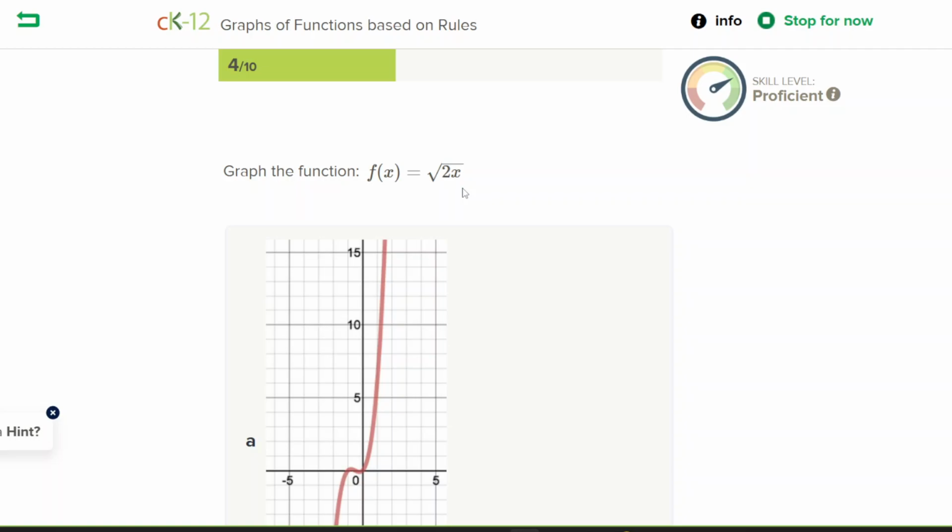After enough time and practice, you'll have seen enough of these to know when a rule looks like this, the square root of something with x, or the previous example where it was x divided by 6 plus 4, you'll be able to look at a certain rule and have a rough idea, based on prior knowledge and experience, of what the graph is going to be shaped like.